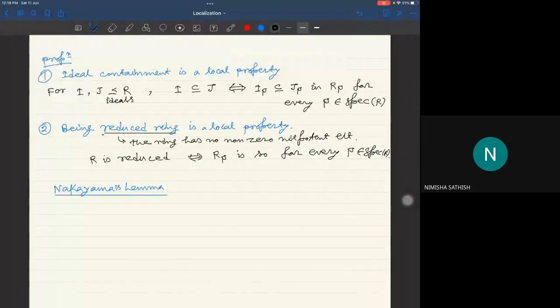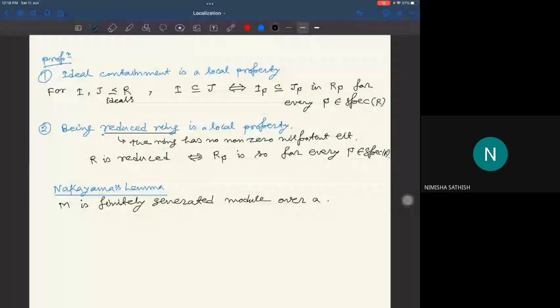So this is a finitely generated module over a commutative local ring, over a local ring R.